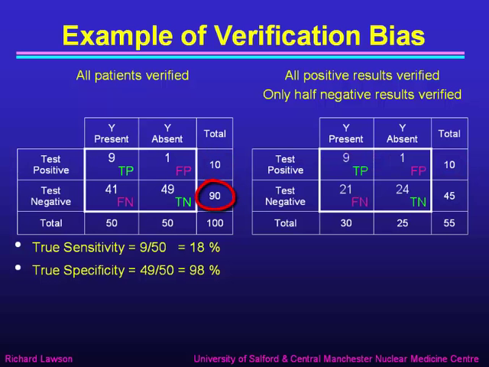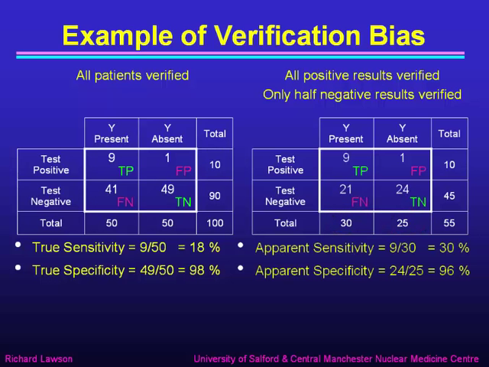But of the 90 with a negative test result, only half go on to have their true status verified by the gold standard test. So we only have 45 in the second row that we can process. So instead of having 41 false negatives and 49 true negatives, we have to halve those to 21 false negatives and 24 true negatives, and that affects the total in the Y present column, which is now only 30, and in the Y absent column, which is now only 25.